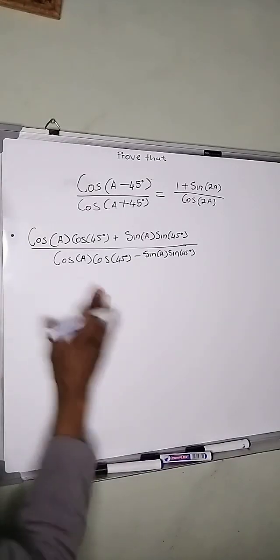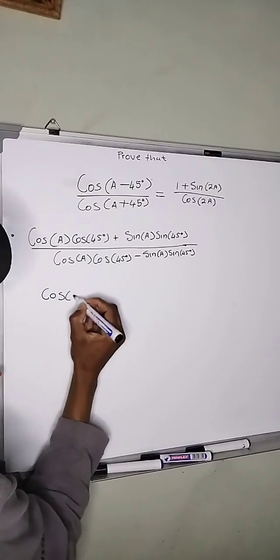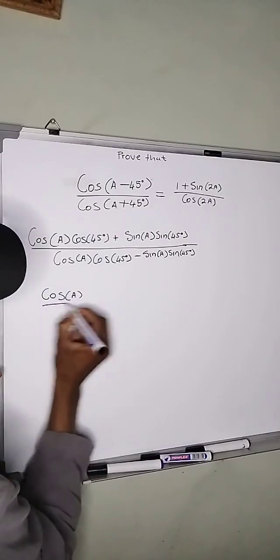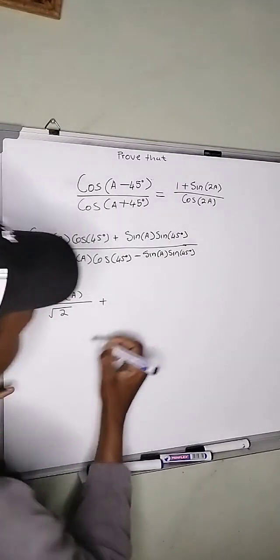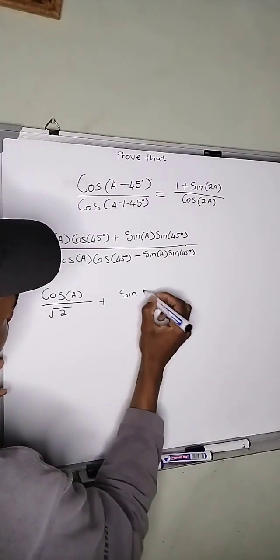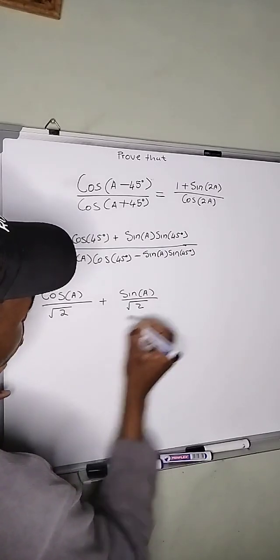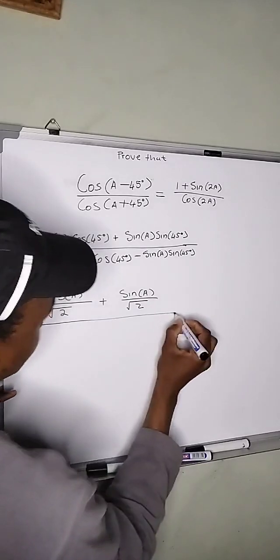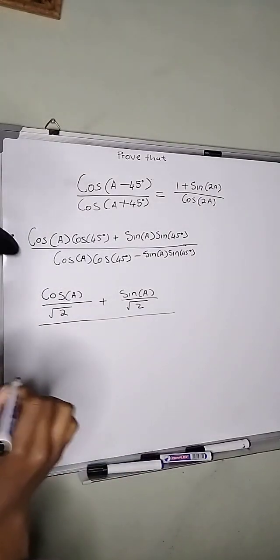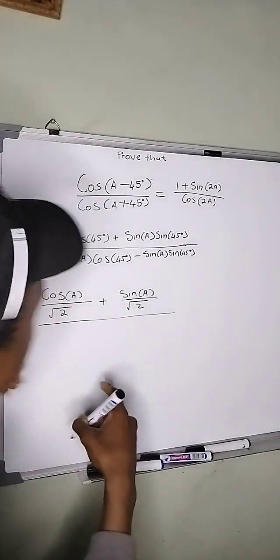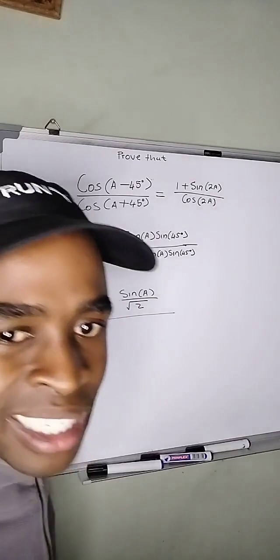So let me just do it. I'm going to have cos A over root 2 plus sin A over root 2, all of that divided by, guys, what? When I already gave you the answer of the sine 45, I wanted to ask, but it's the same thing.